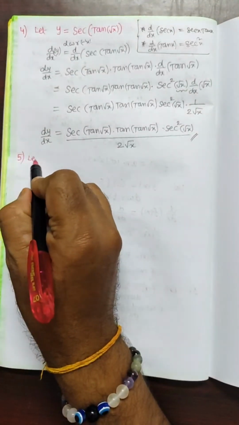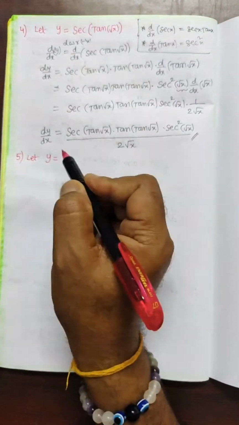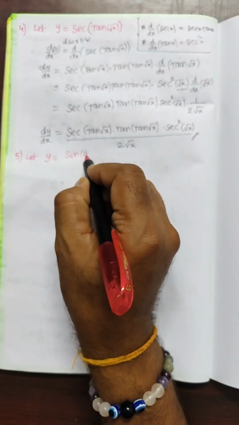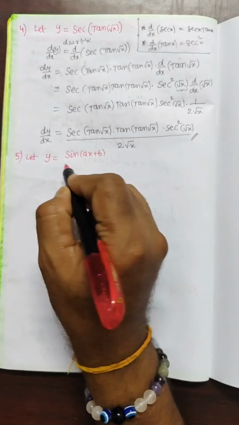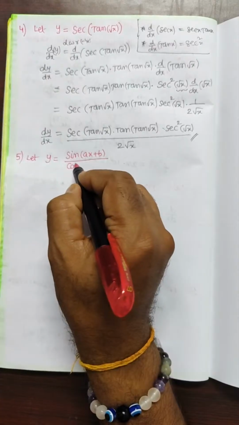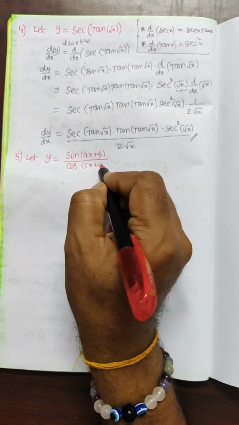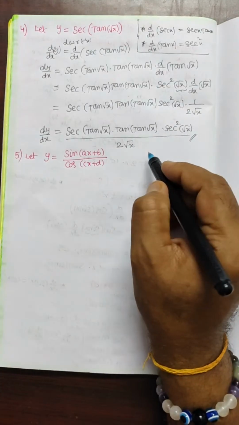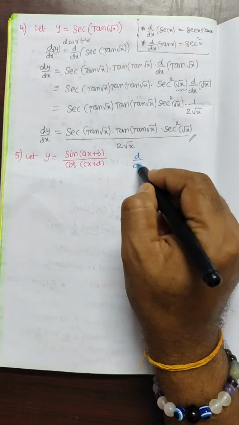So let us consider that value is y equal to sine of ax plus b divided by cos of cx plus d. So here we have to apply the formula of quotient rule of the differentiation.